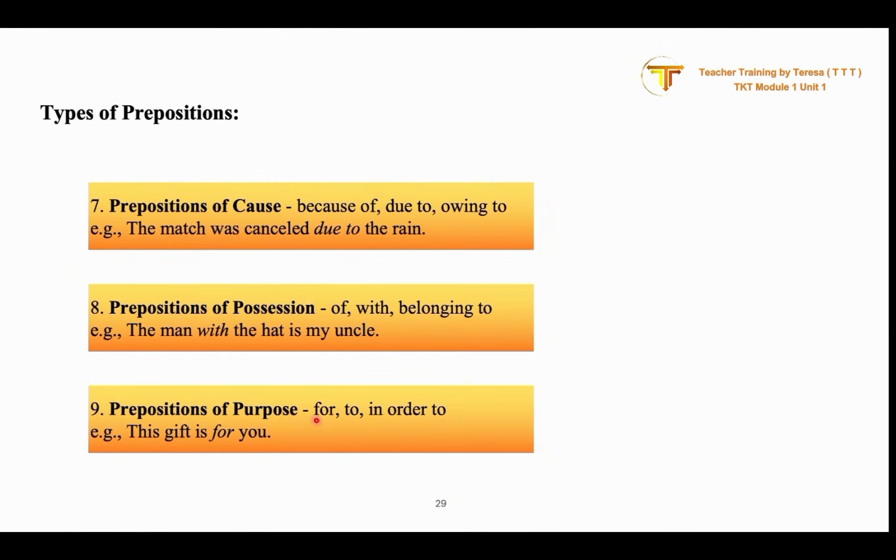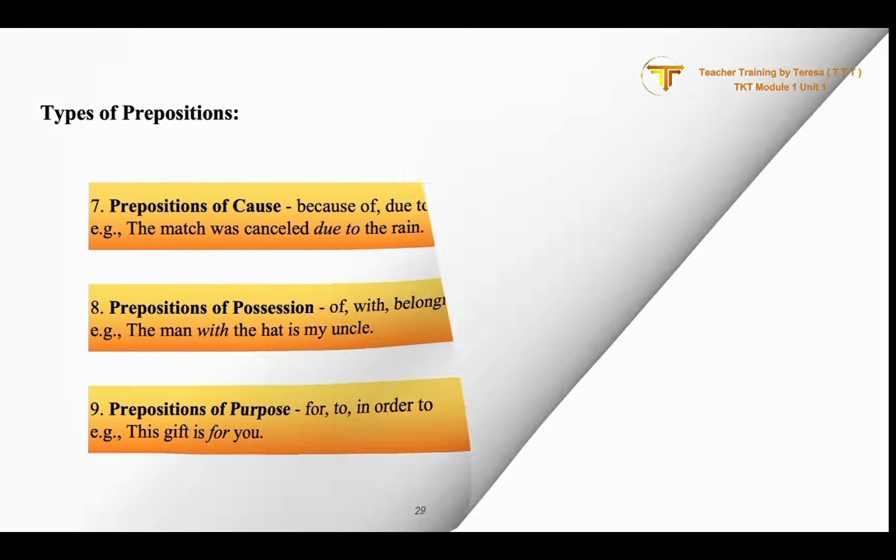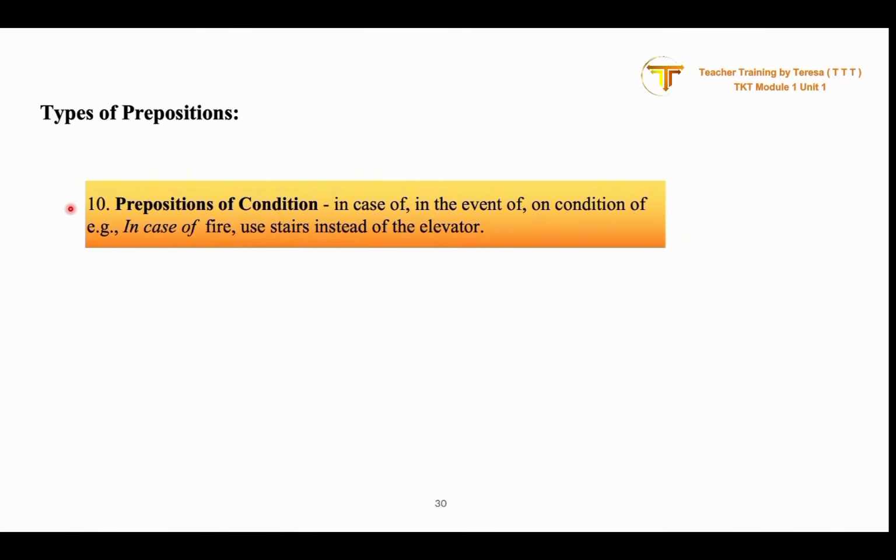Prepositions of purpose: for, to, in order to. This gift is for you. 10. Prepositions of condition: in case of, in the event of, on condition of. In case of fire, use stairs instead of the elevator.